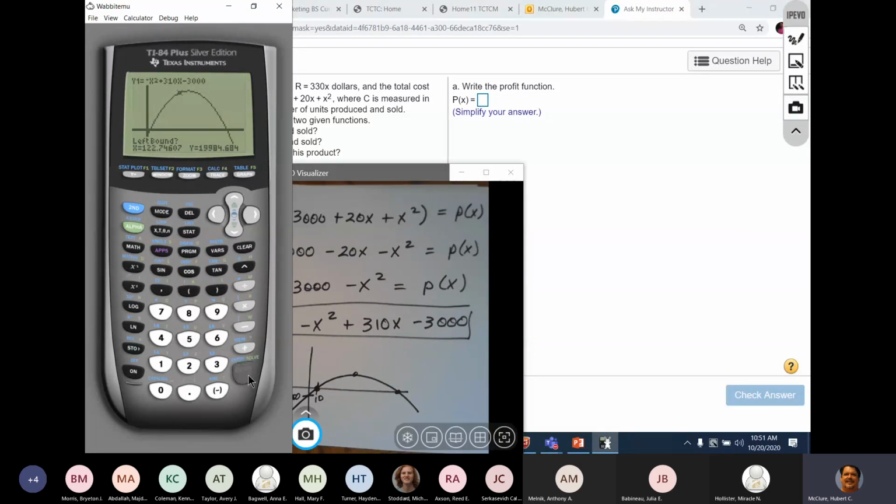There's the left. There's the right. Vertex right in there. Vertex is 155 comma 21,025.